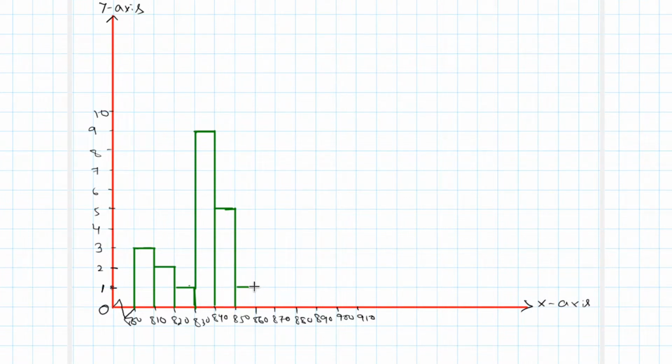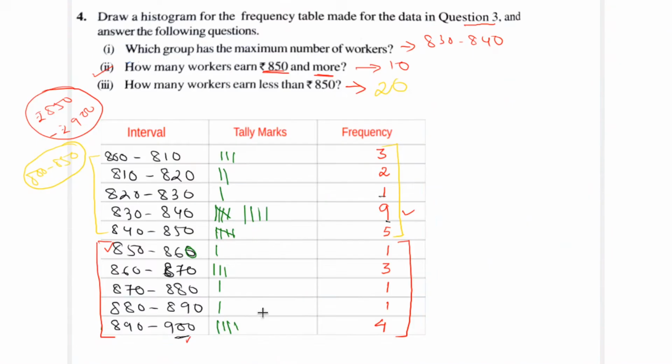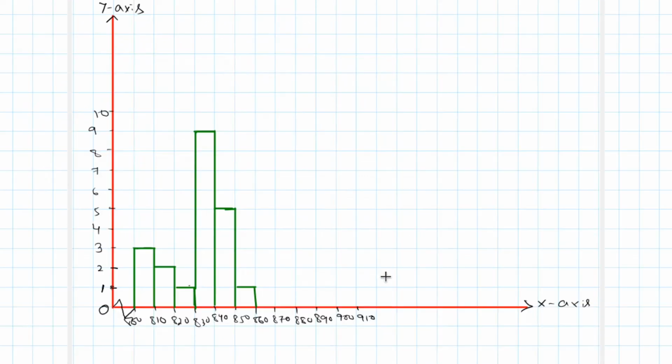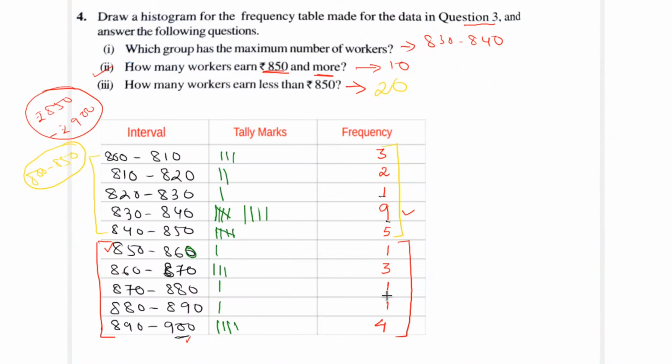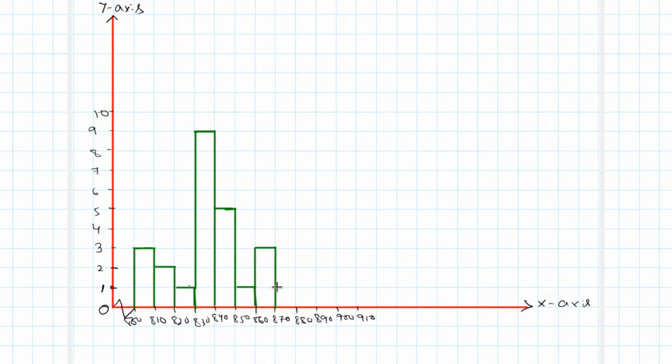Then 1. Then 3. After that 1, 1, 4. 1, 1, and here it is 4.